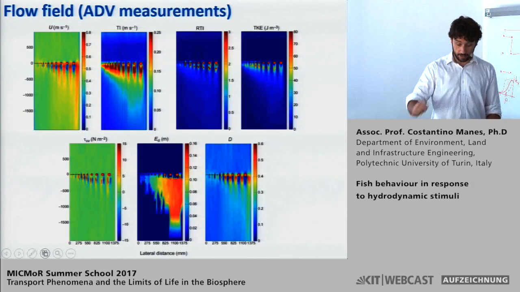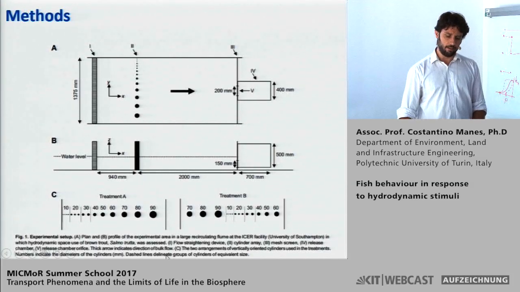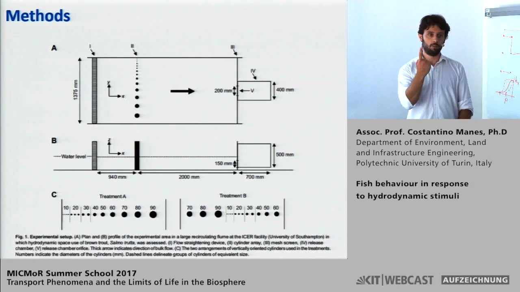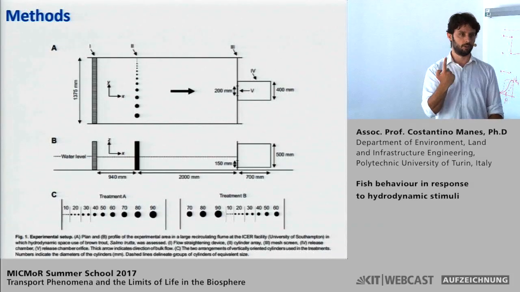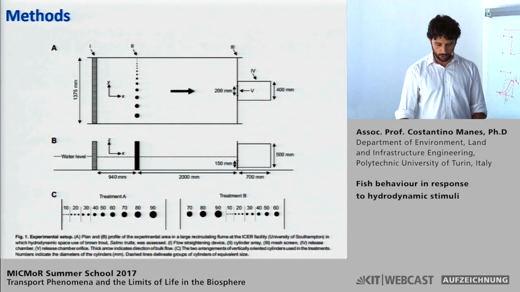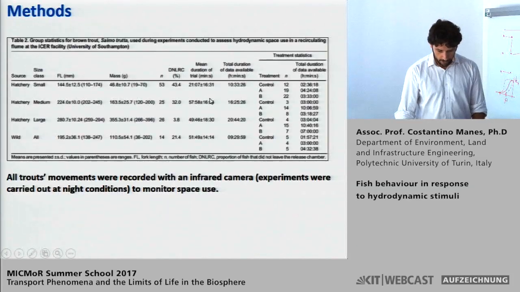Please keep in mind that in this configuration, the wake of the cylinders would have just one vorticity component, so there would be eddies mainly with one direction. It's a fairly 2D problem, which allowed us to monitor the flow field only at one plane and to make things relatively easy.